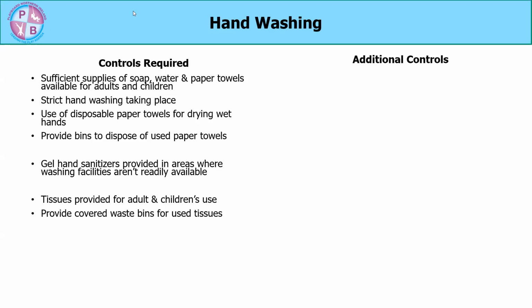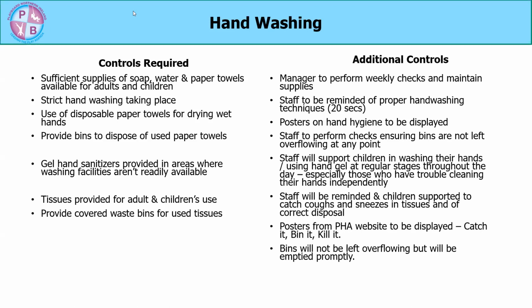What else can you do to enhance the practice of hand washing and maintain good hygiene? So let's look at some of the additional controls. Okay, so we've said there about having sufficient supplies of soap, water, paper towels. But an additional control would be that the manager would perform weekly checks and maintain supplies.